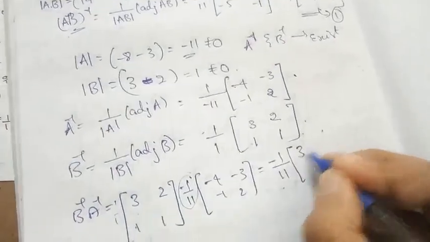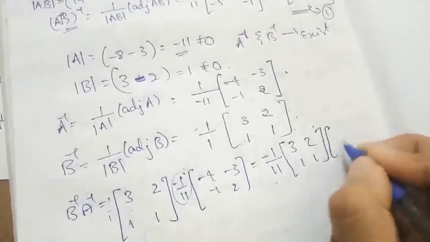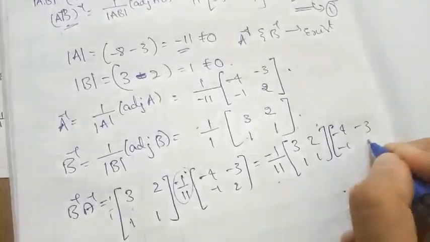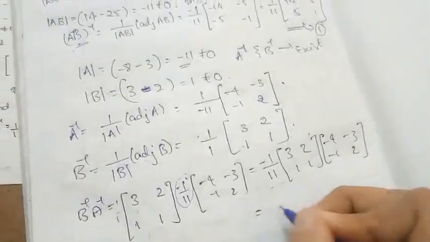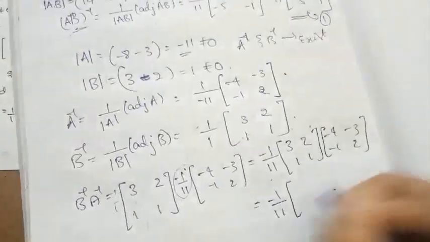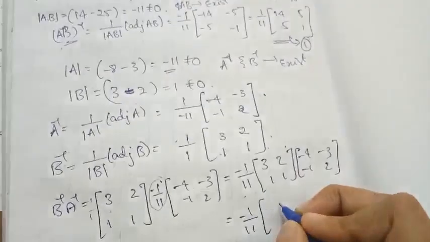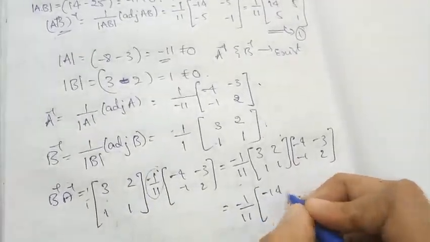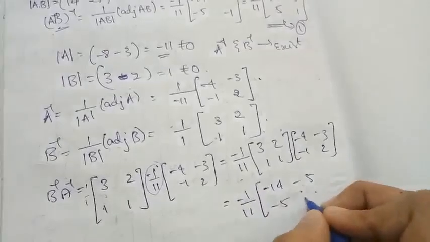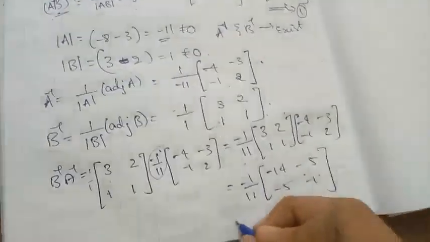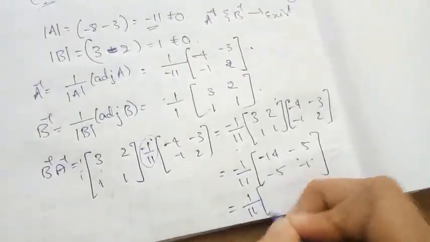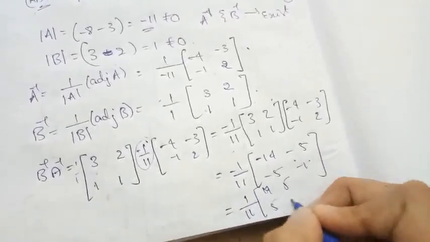So it becomes 3 2 1 1 and minus 4 minus 3 minus 1 2. After multiplying this, we are going to get minus 1 by 11 into minus 14 minus 5 minus 5 minus 1. If I take the minus common outside, it is 1 by 11 into 14 5 5 1.